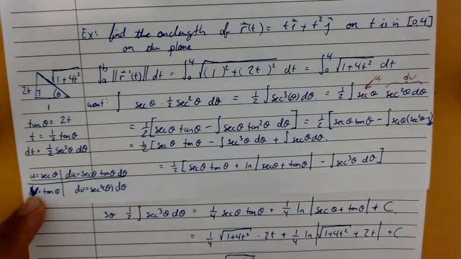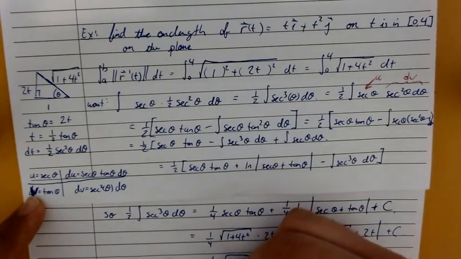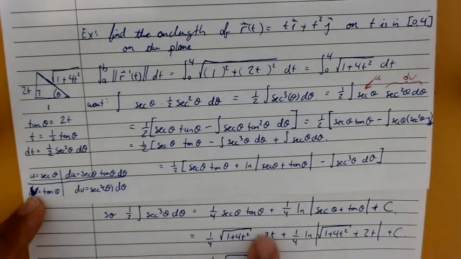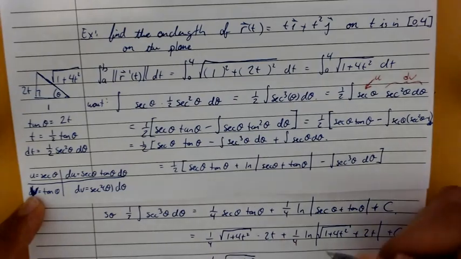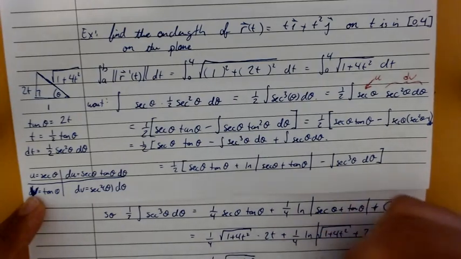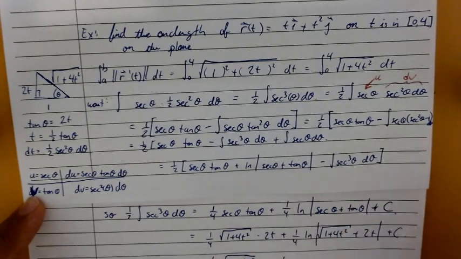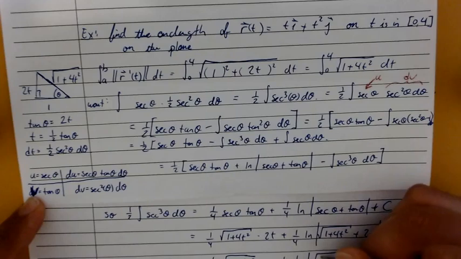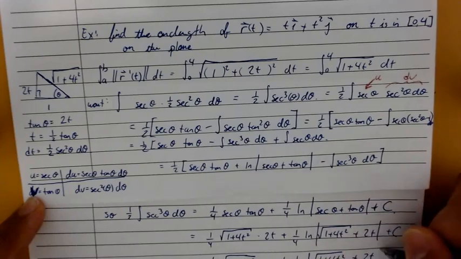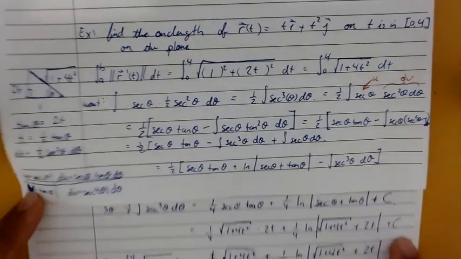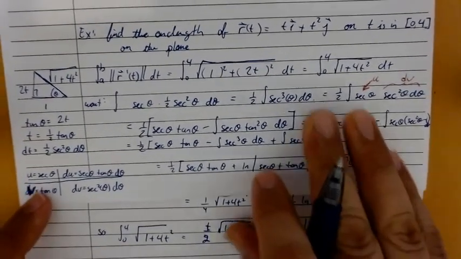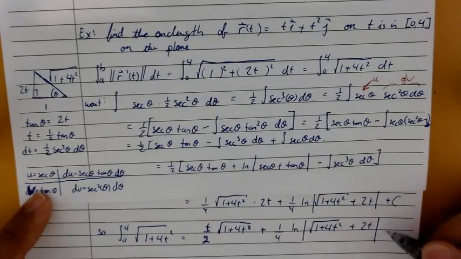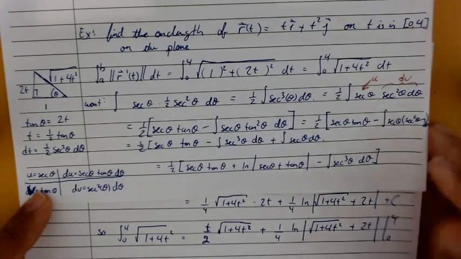I guess I can just write that as t over 2, right? 2 over 4 is the same as 1 over 2. Put your t on top. Plus 1/4 the natural log of the absolute value of the square root of 1 plus 4t squared plus 2t. And I don't need my constant of integration because I'm about to plug in my boundaries from 0 up to 4.